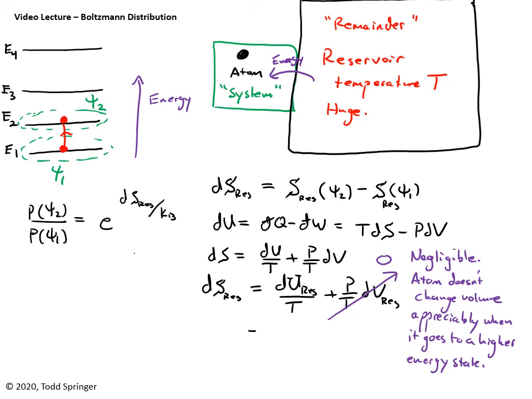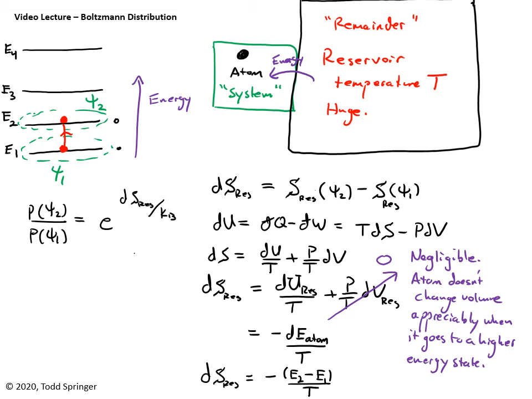So the change in energy of the reservoir is minus the energy change of the atom, because energy is conserved. And we know the energy change of the atom, because it went from state 1 up to state 2. So this is minus (E2 minus E1) over T. That's dS for the reservoir.